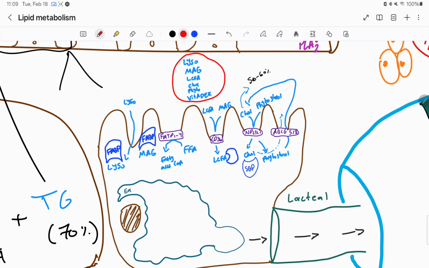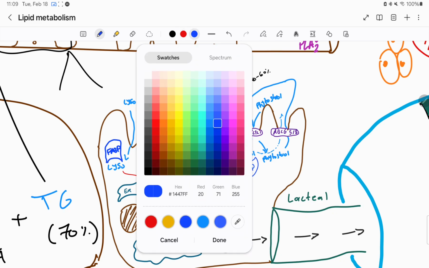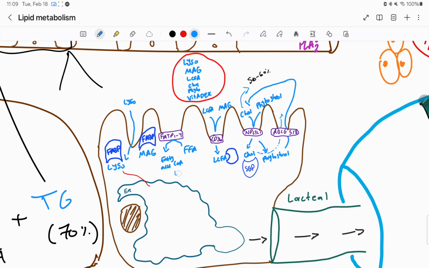We're going to grab a lysolecithin and a long chain fatty acid, okay? We're going to grab those two together, all right? And we're going to make a phospholipid, okay?